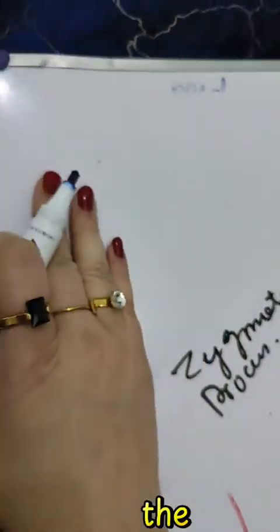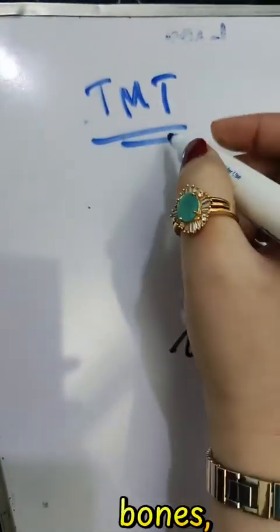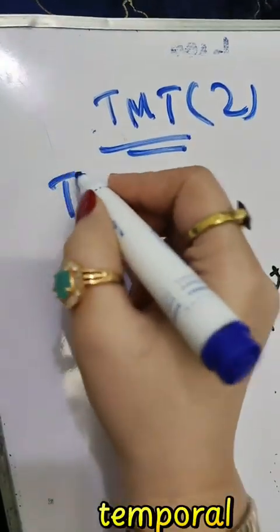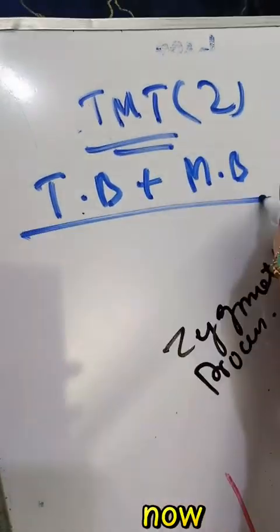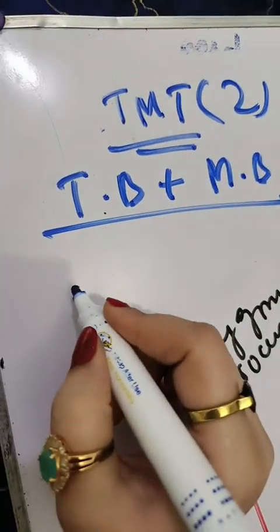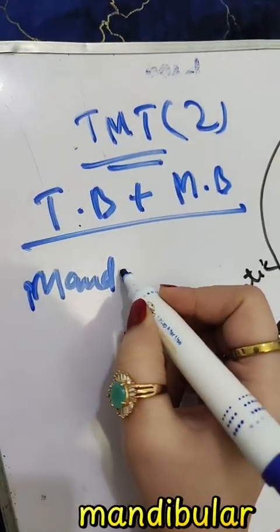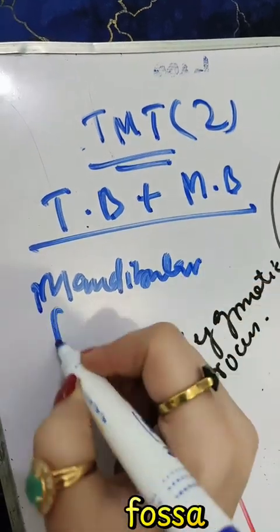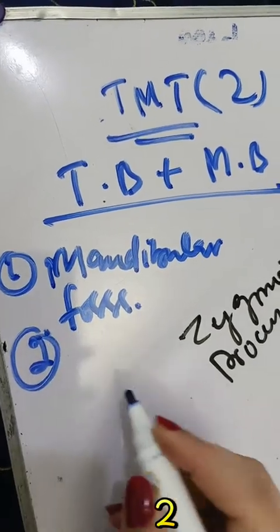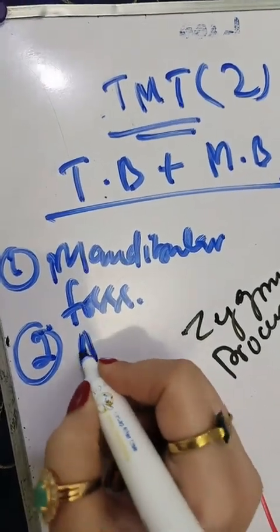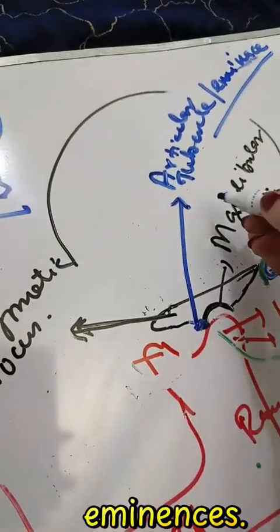So you will say the articulation. Number one question is the articulation of the TMJ. Two bones, temporal bone plus mandibular bone. Okay, now which parts? First is the mandibular fossa, number 1. Number 2 is the articular tubercle or eminence. Here it is, the articular tubercle or eminence.